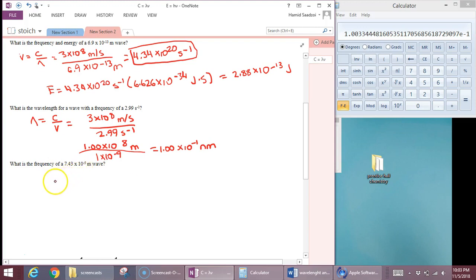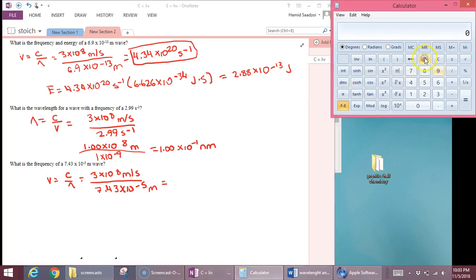Alright, so frequency for this one. Frequency is equal to C over lambda. So 3 times 10 to the 8 meters per second divided by, we're already in meters, so that makes our life easier, 3 times 10 to the negative 5 meters.